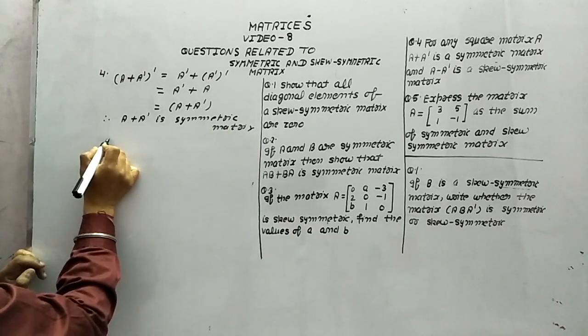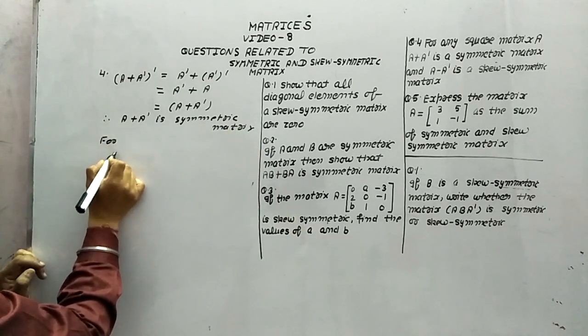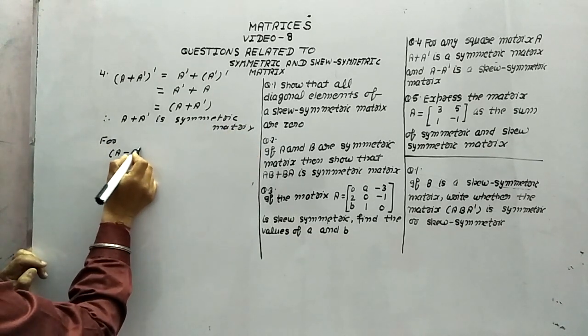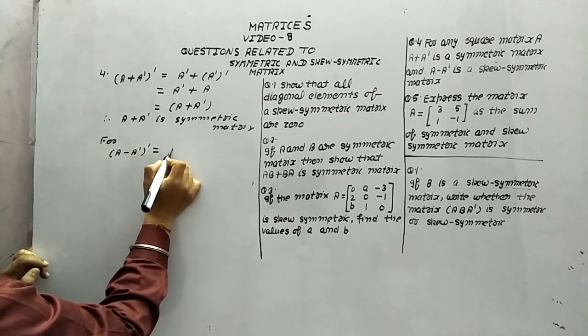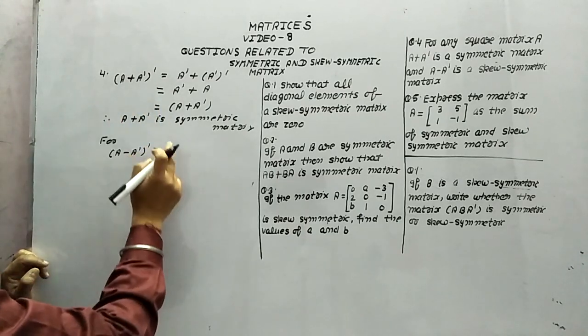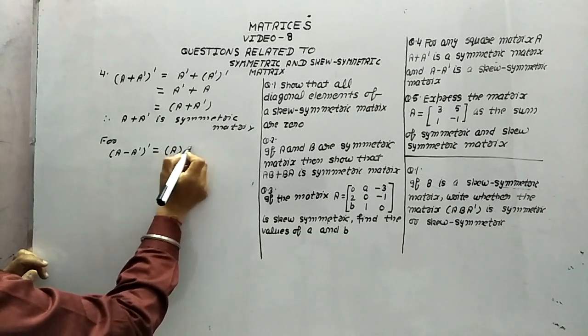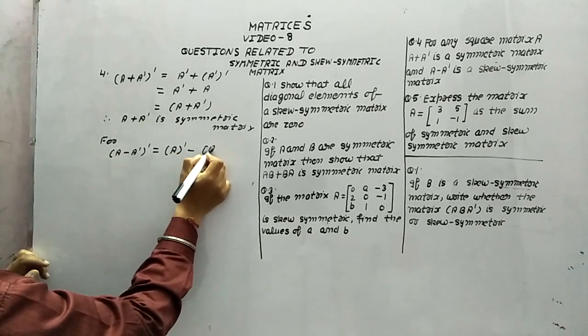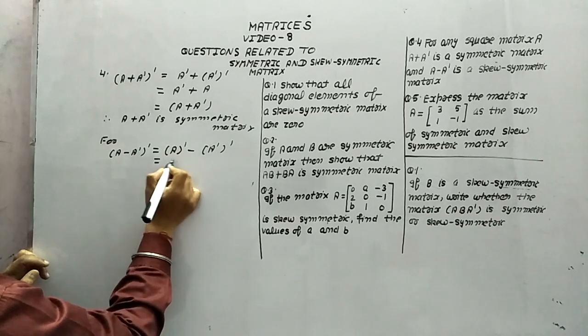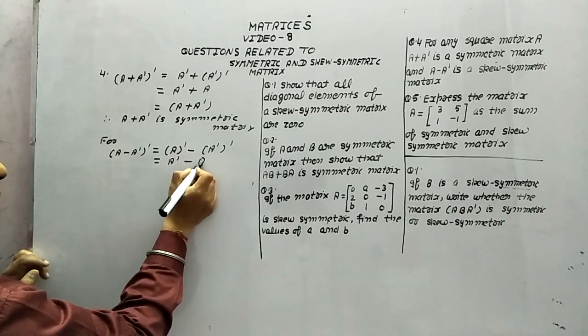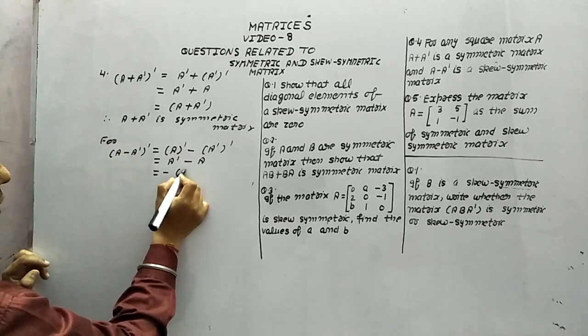Now, for A minus A dash, do the transpose of this thing. According to the properties of subtraction, what will come? A dash minus A dash dash. This is A dash. This becomes A. Take minus common. What will come?